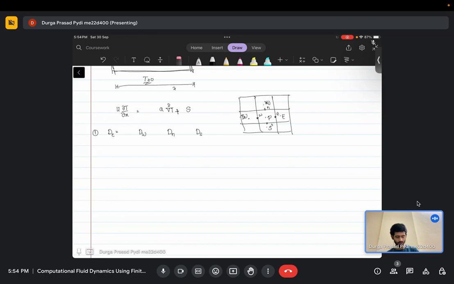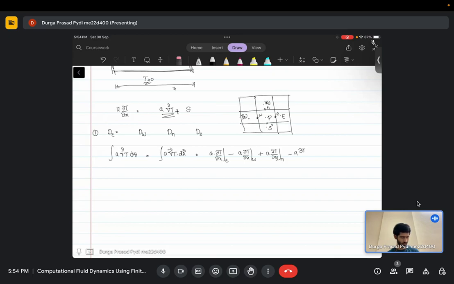So D east is essentially, if you recollect, del square T dV, which will come out to be the gradient dotted with dA. So this will essentially give you A times del T del x on the east face, on the west face, north and south.